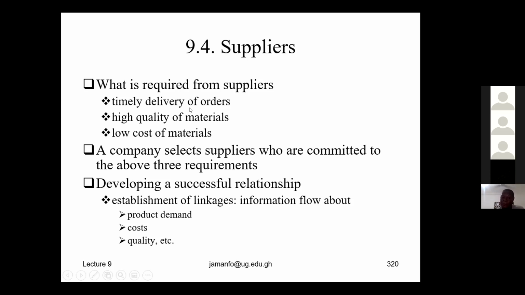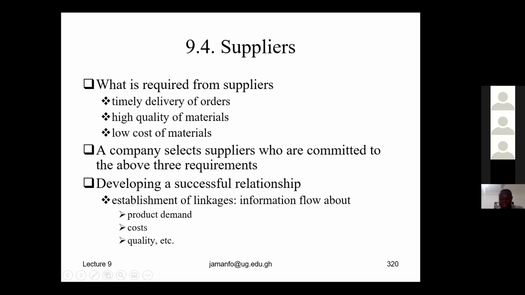And for us to select suppliers, we need to select suppliers who can deliver our orders to us on a timely basis, produce high quality materials to meet our requirements, and who will provide us with moderate costs.